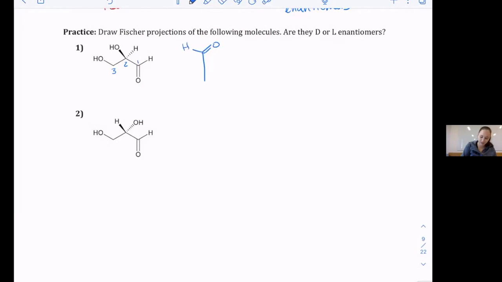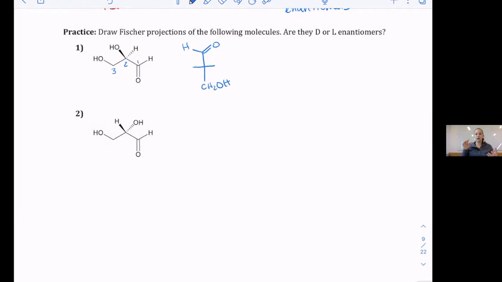I'm going to draw my carbonyl, my aldehyde. I have 1 chiral carbon, so 1 intersection, and then carbon 3 is going to be CH2OH. And then because I took that backbone, those 2 carbons going down, you're going to pick them up and put the carbonyl up into the back.